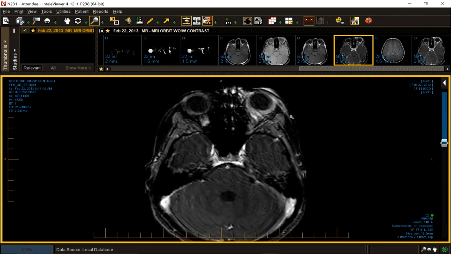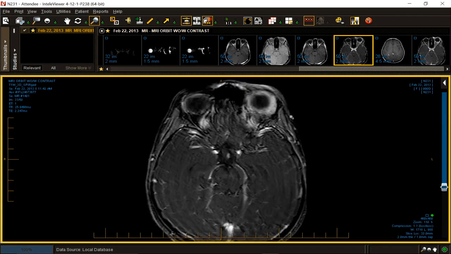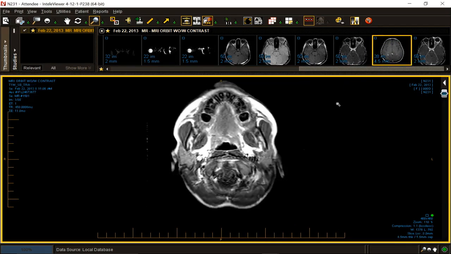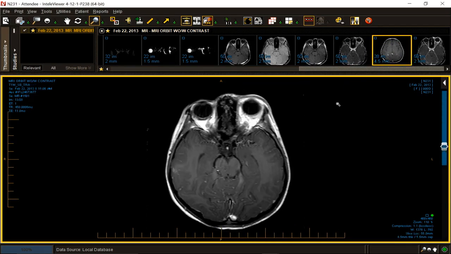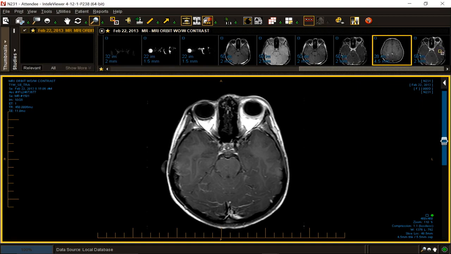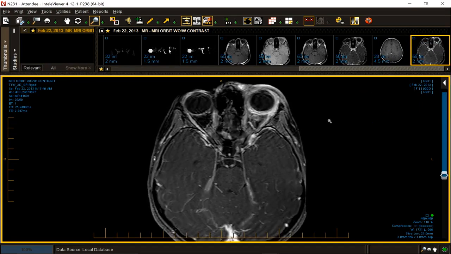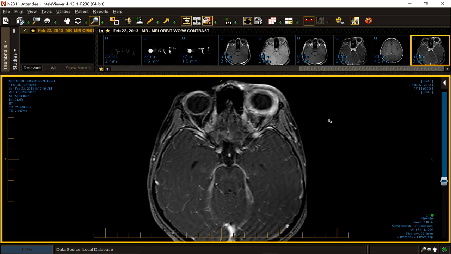Admittedly, there's some patient motion. It's an 8-year-old. I apologize for that. Performed on a 3T scanner. But there are enough non-motion affected images to make anatomic observations.